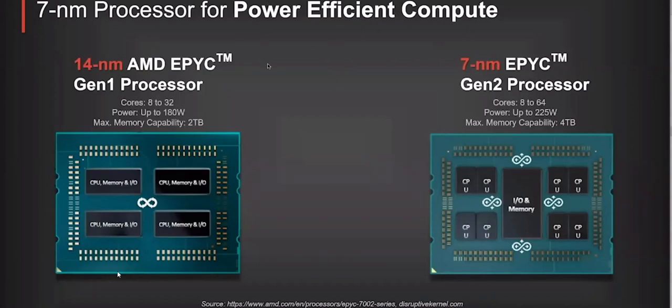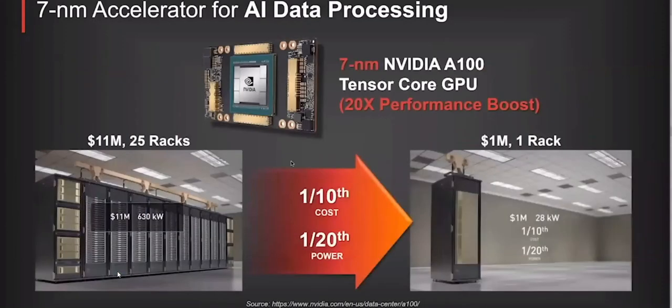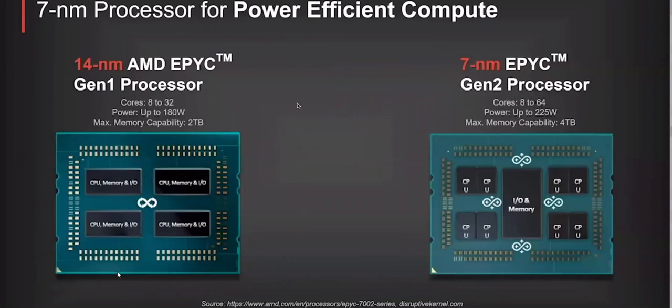So now let's go to the final stage of this lecture. We have 10 or 15 more minutes before I allow some questions. Let's talk about real devices. As I told you, the beauty of this lecture is that I have to update it every year. If you look at the 40 nanometer AMD EPYC Gen 1 processor, which was 8 to 32 cores, 180 watts and 2 terabytes of memory, by the 7 nanometer, the Gen 2 is 8 to 64 cores, 225 watts and 4 terabytes.